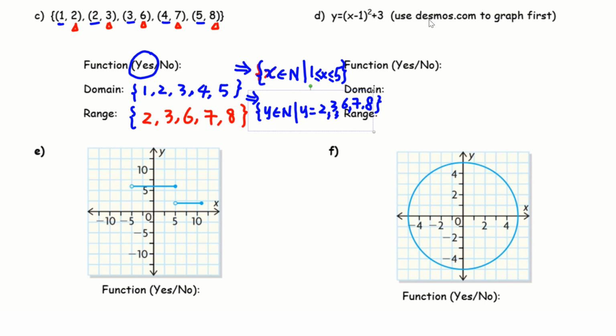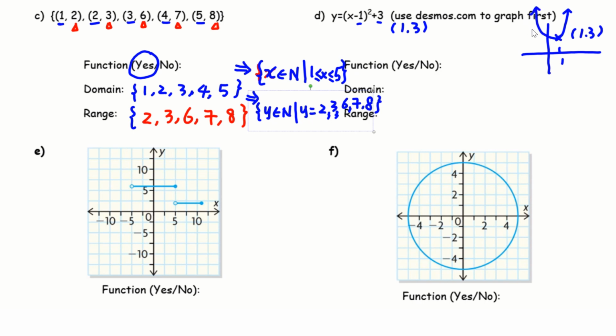And for this one, use decimals to graph this first, then determine the function's domain and range. So for this one, the vertex (p, q) is (1, 3). So we go right 1, up 3. This is your vertex, then use a step pattern to sketch it.